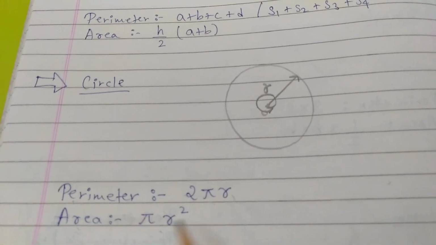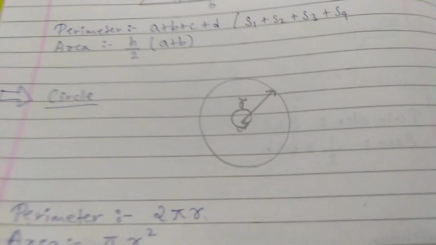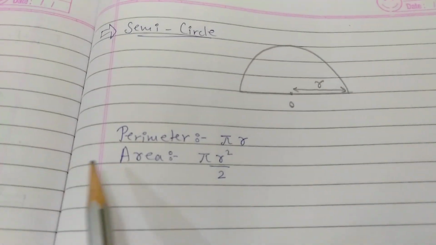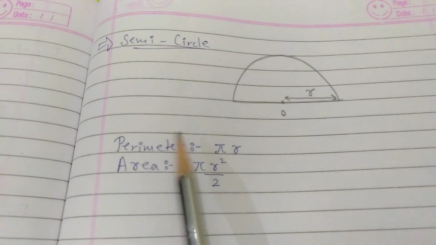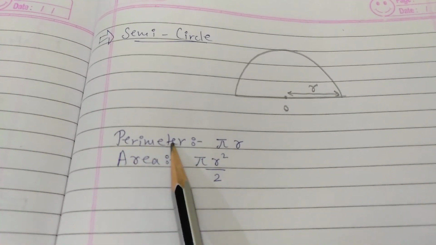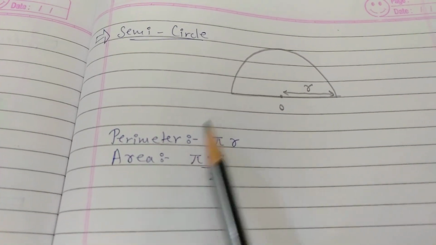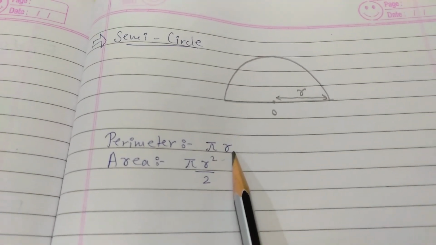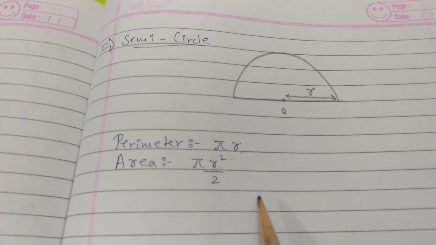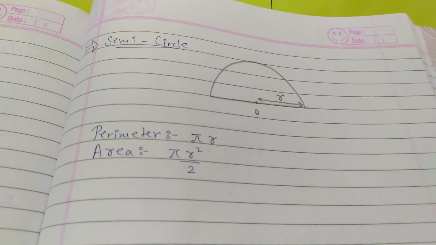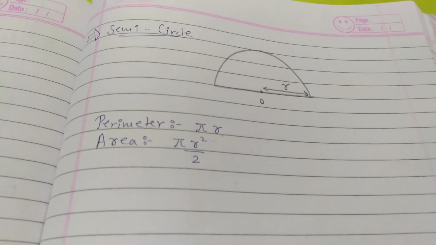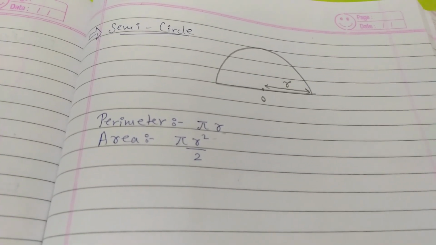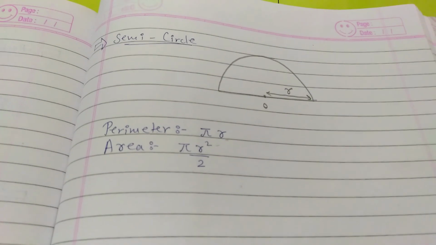Then area is pi r square. Next comes semicircle. A semicircle is just half of the circle. So its perimeter becomes pi r from 2 pi r, and area becomes pi r square by 2 from pi r square. So these are some easy formulas to find area and perimeter of 2D figures.